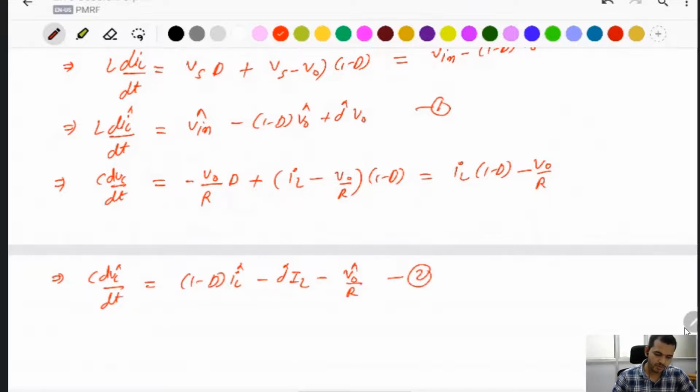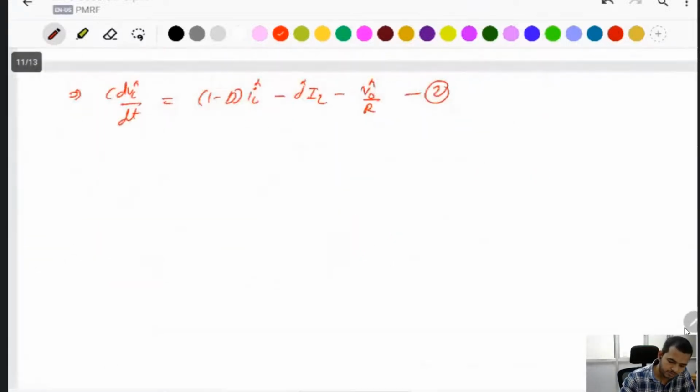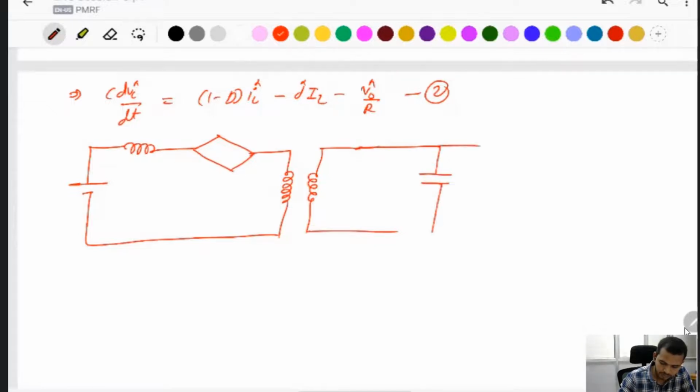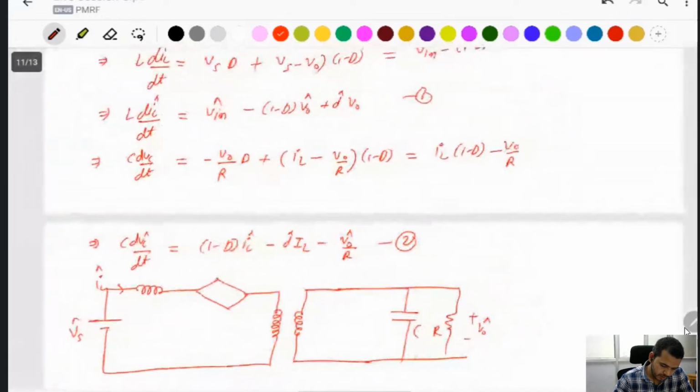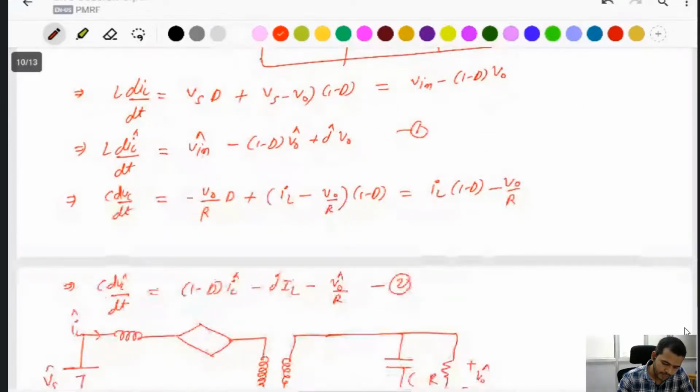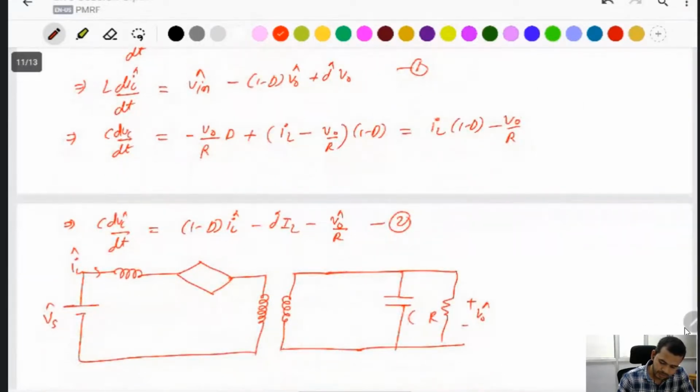From equation number one and equation number two, draw a circuit diagram. See this one, Vin minus this one.